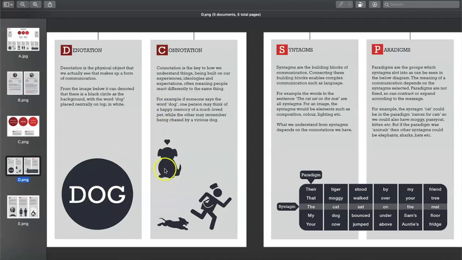You might have a positive experience with dogs, you might have a negative experience with dogs. However, if you read a more complex sentence like "the cat sat on the mat," what are you picturing in your head? Is it something funny? Is it something serious? Is it something good or bad? All of these things have to do with your experiences. And then, of course, paradigms work similar to connotation in that it has a lot to do with what your background is and what you think about these things.